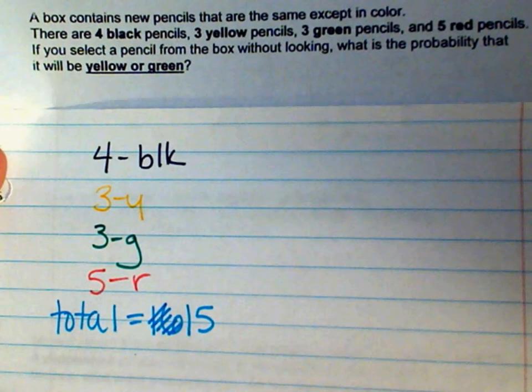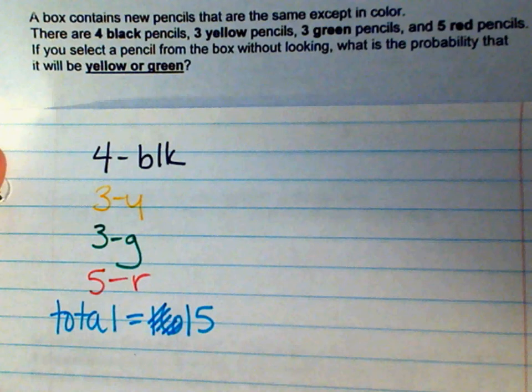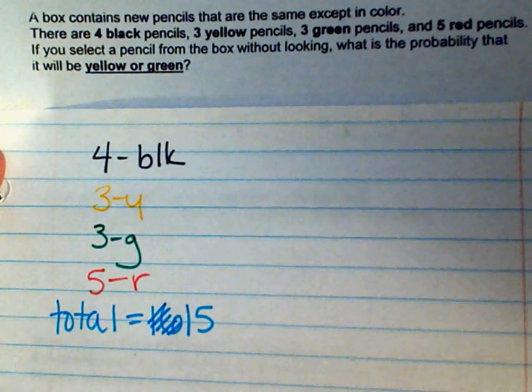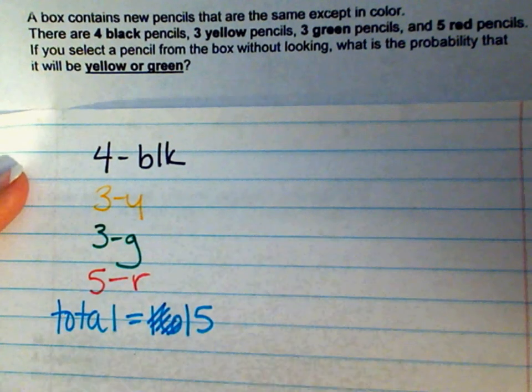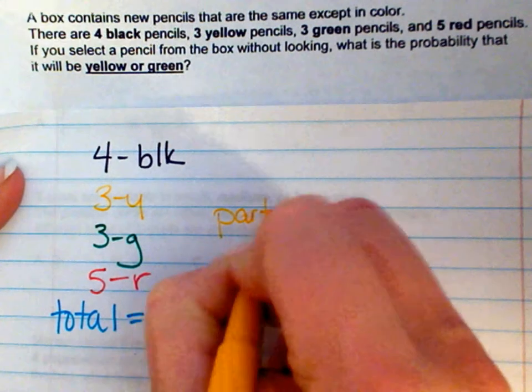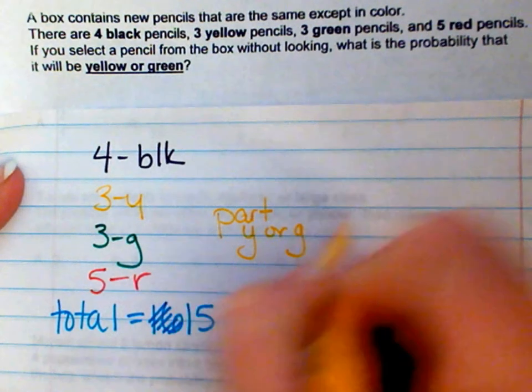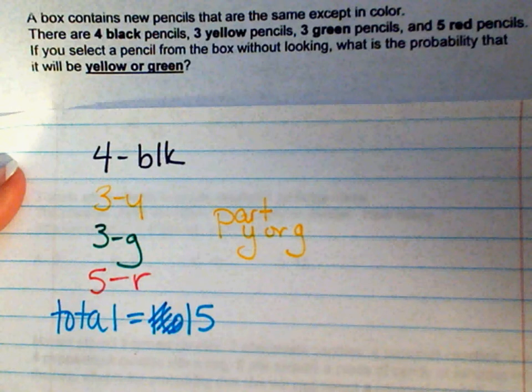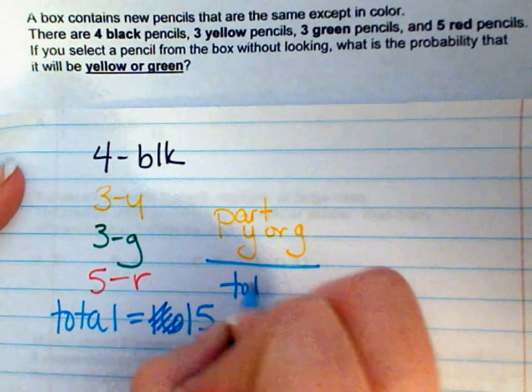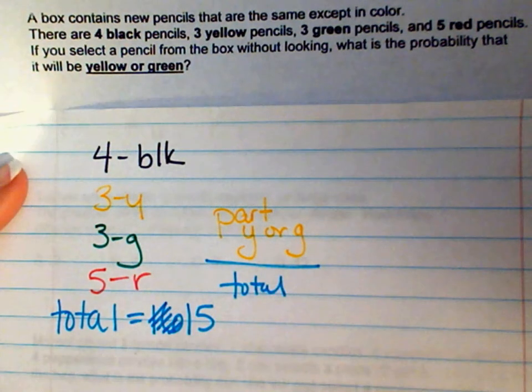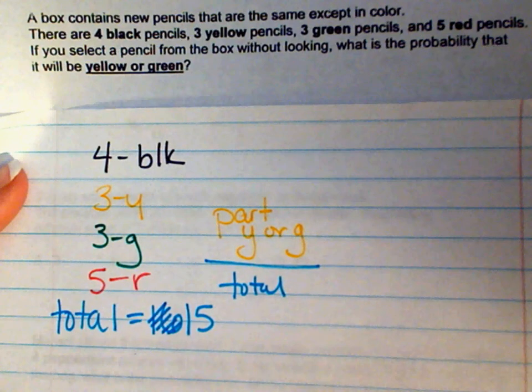So now the question asks, it's a little bit different. It says part yellow or green. Well, if I'm looking for part yellow or green over a total, that 'or' just means to add.